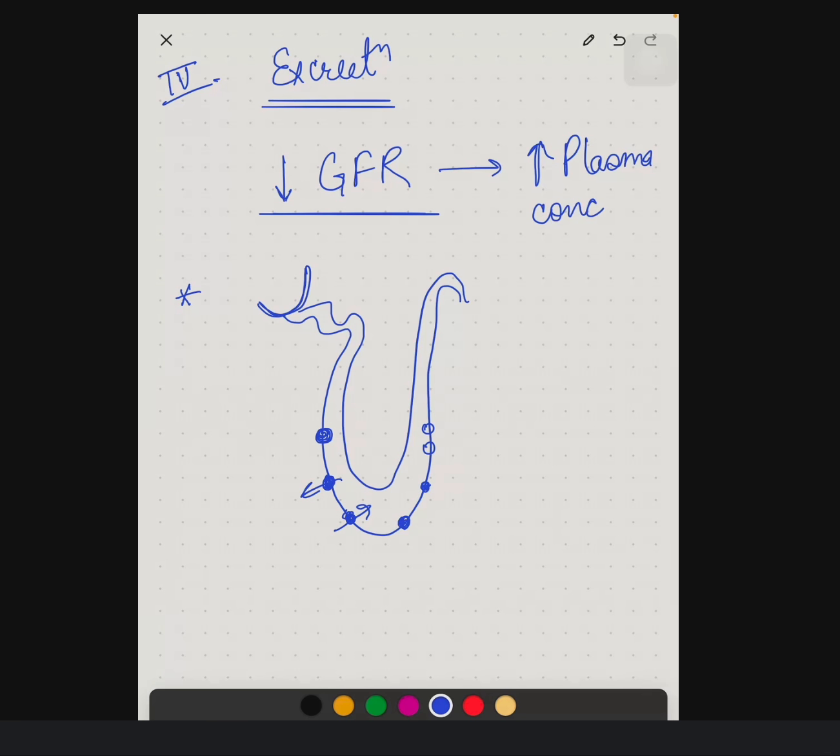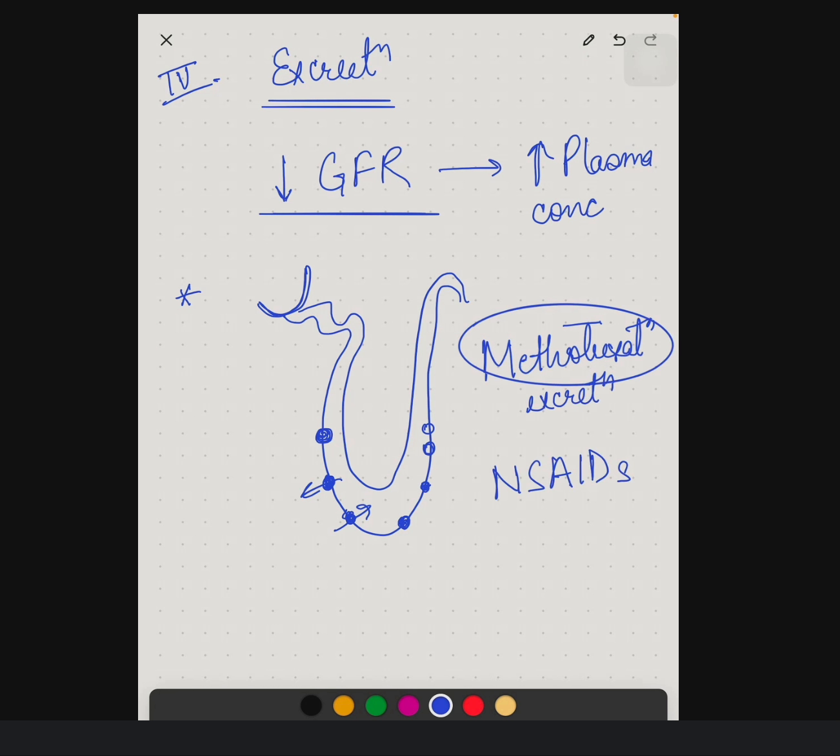An example I would like to quote here is methotrexate and NSAIDs. We will see this again. Methotrexate excretion is inhibited when these patients take NSAIDs. Why is that? This compound, for example, needs to be excreted out by this transporter. But NSAIDs, when present in the filtrate here, have a tendency to occupy all these transporters.